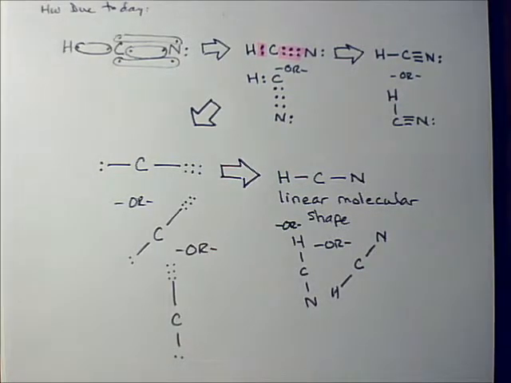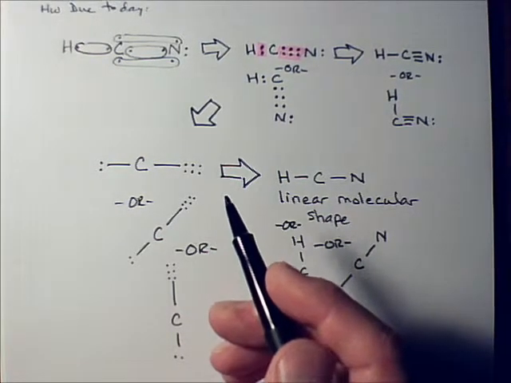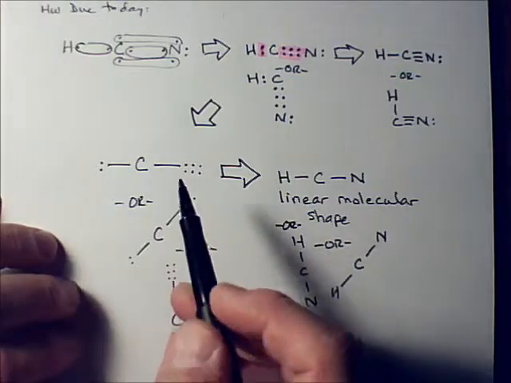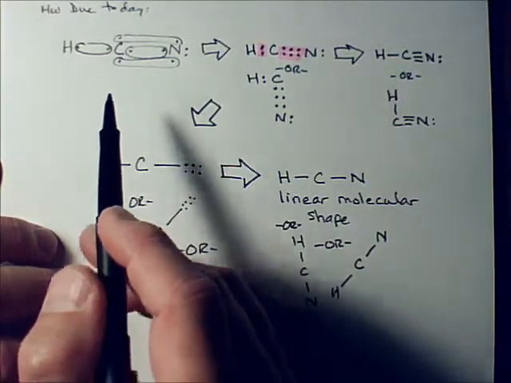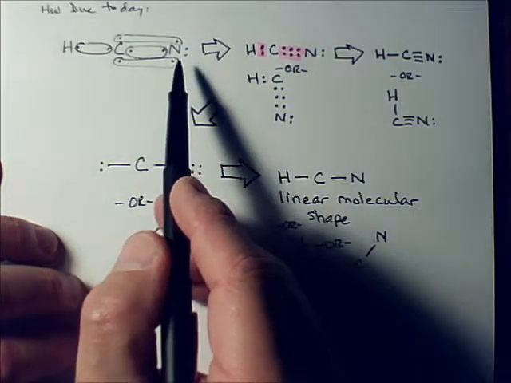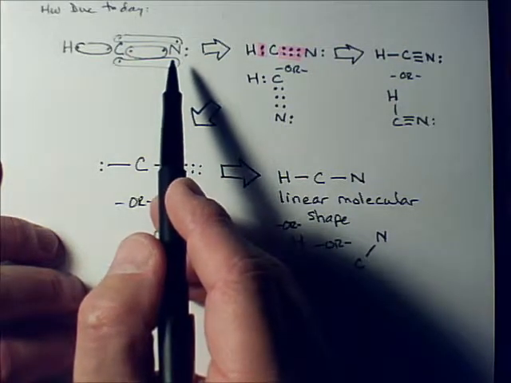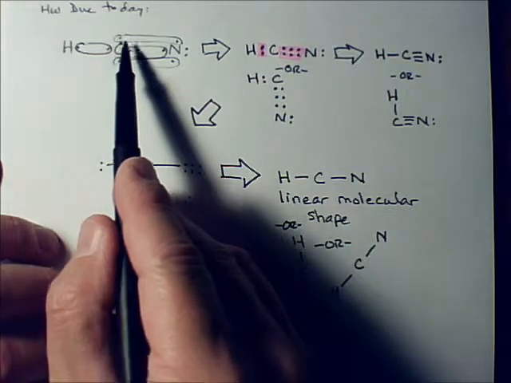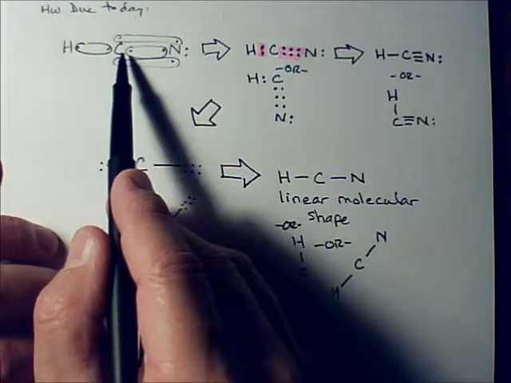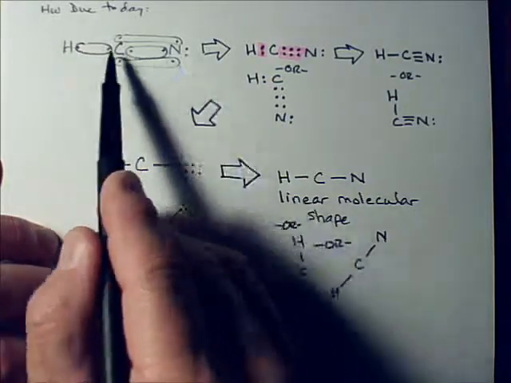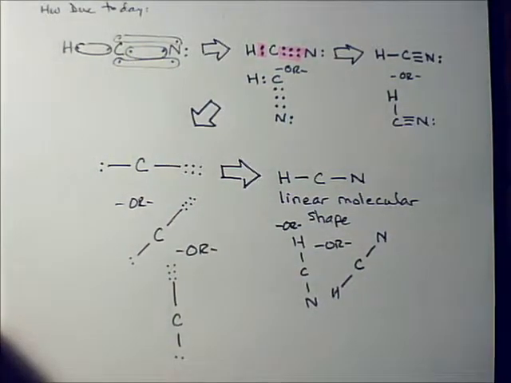Why don't we draw the lone pairs on there? Because the shape we're looking for is the shape of the molecule, and the lone pairs don't so much affect the shape of the molecule. What matters is the shape that exists between, on the axes between those atoms, the bonds between the atoms themselves.